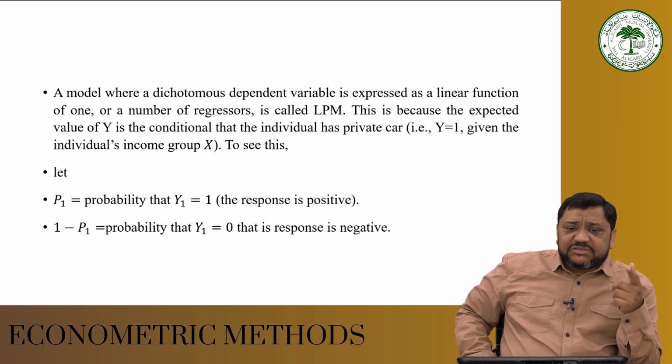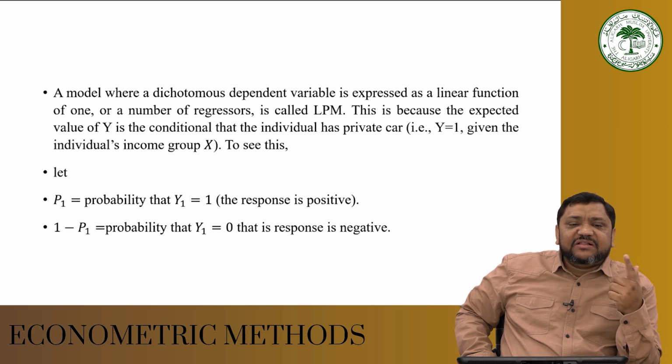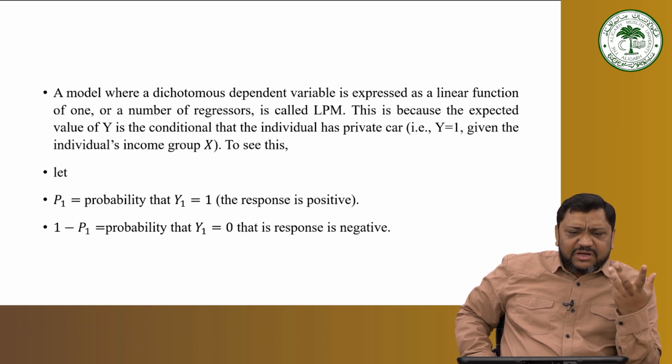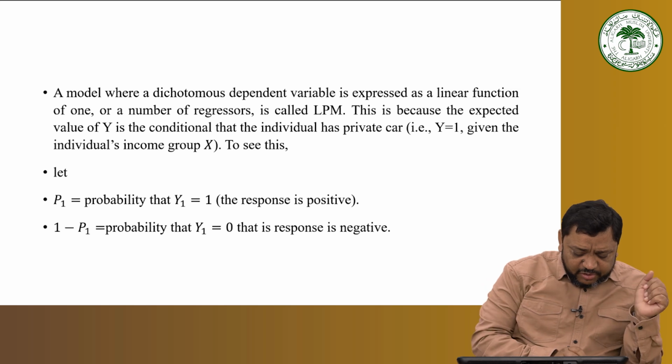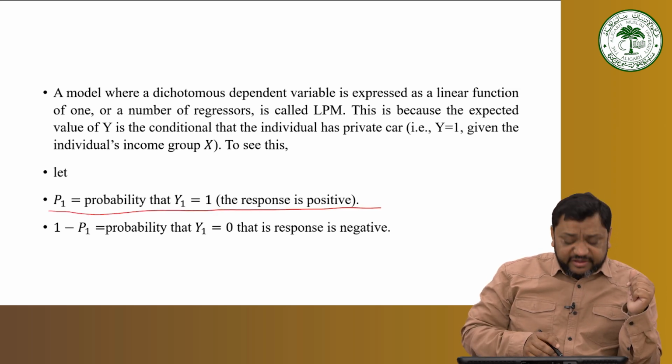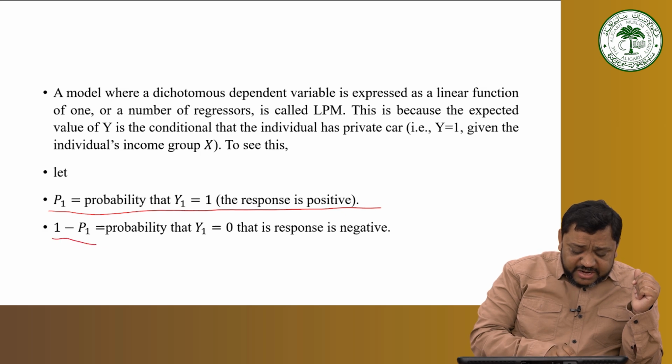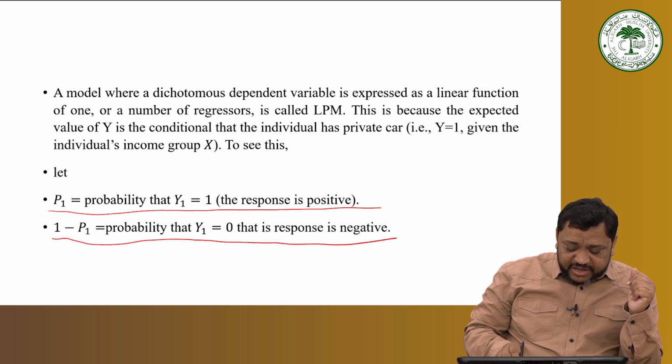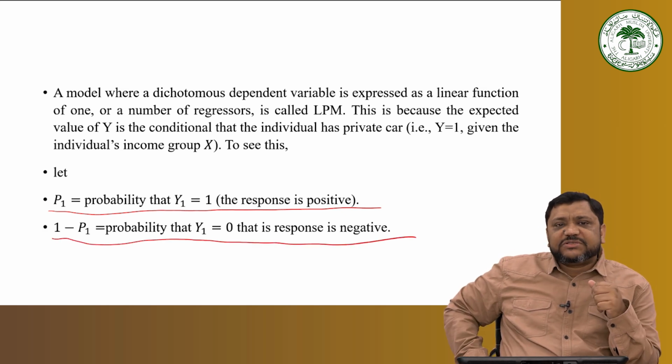This is because the expected value of y is conditional: the individual has a private car, y is equal to 1, given that the individual's income group is x. So pi is equal to the probability that y is equal to 1, that is the response is positive. 1 minus pi is the probability that y is equal to 0, that the response is negative.